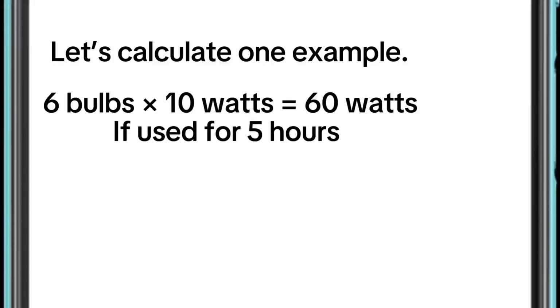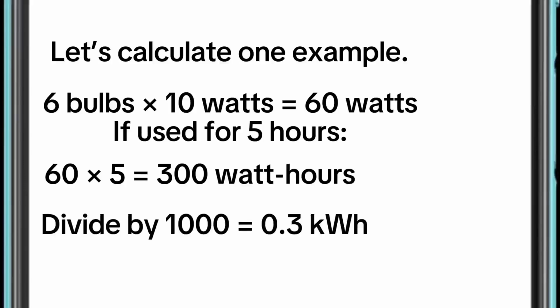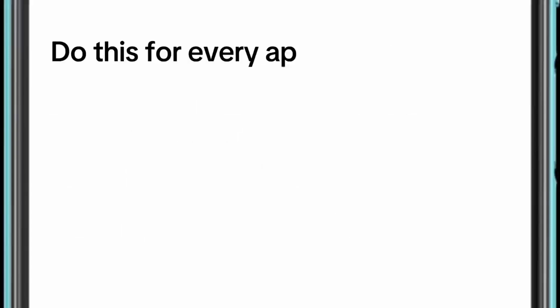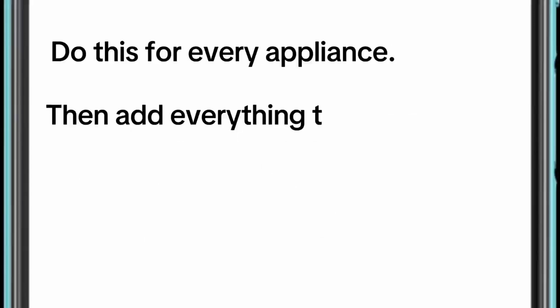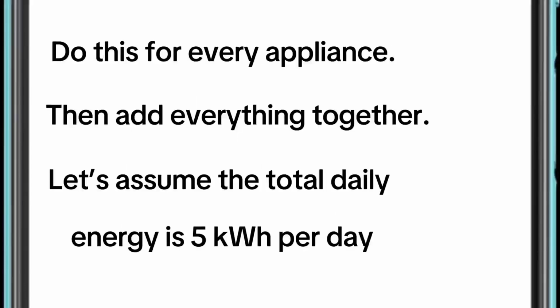If used for 5 hours, 60 times 5 equals 300 watt hours. Divide by 1000 equals 0.3 kilowatt hours. Do this for every appliance, then add everything together. Let's assume the total daily energy is 5 kilowatt hours per day.